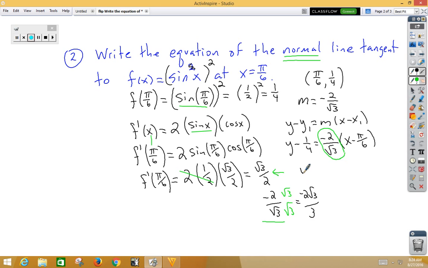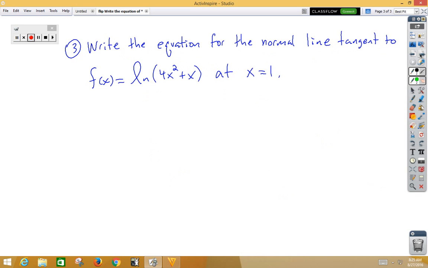So we could have y minus 1/4 is equal to negative 2 root 3 over 3 times x minus pi over 6. Again, you should be well versed in rewriting this value in y equals mx plus b form or ax plus by equals c form.